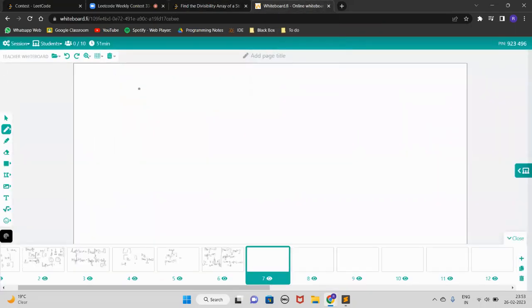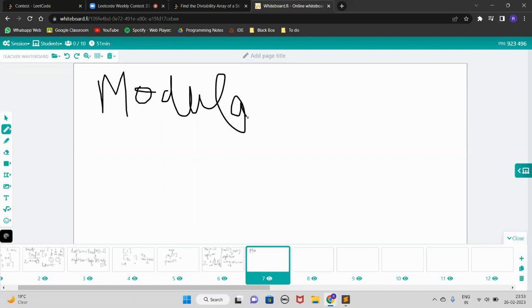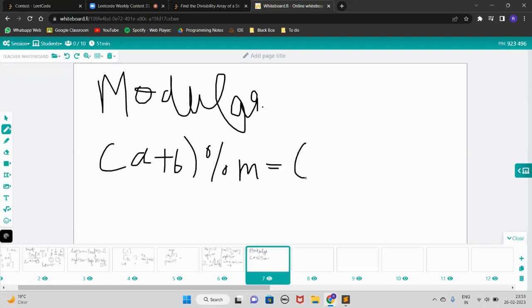In such a problem, we use something known as modular arithmetic, and there are some basic operations in mod. They say that (a plus b) mod m can also be written as a mod m plus b mod m. Right now it isn't making a lot of sense, but trust me, it will in a second.